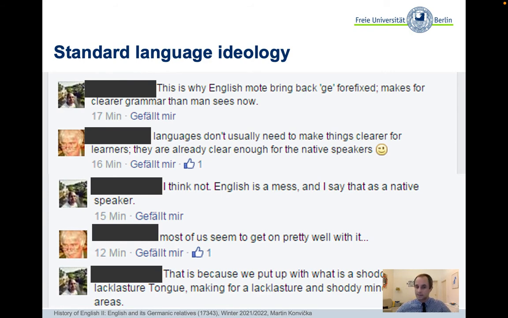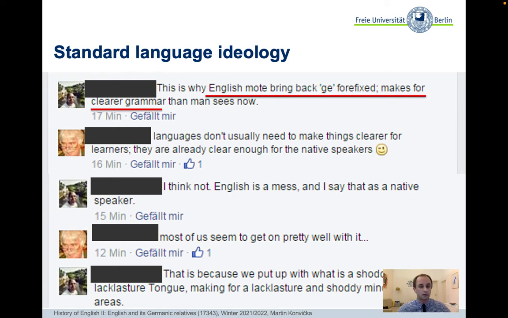Also, if you take a look at Facebook, Twitter, whatever social platform, and take a look at discussions when people talk about their ideas about language, you'll see that the idea of standard language and how the language is supposed to look like is definitely nothing that is only limited to the 18th, 17th century, right?